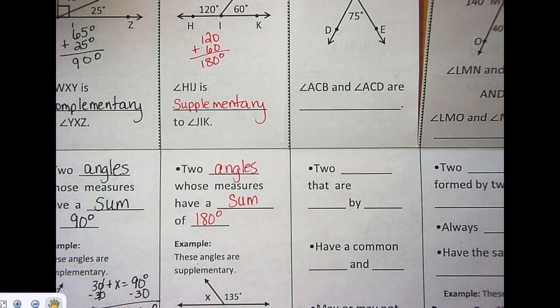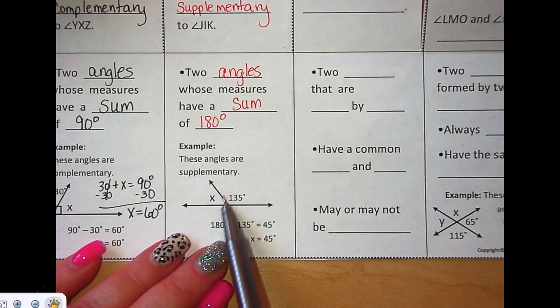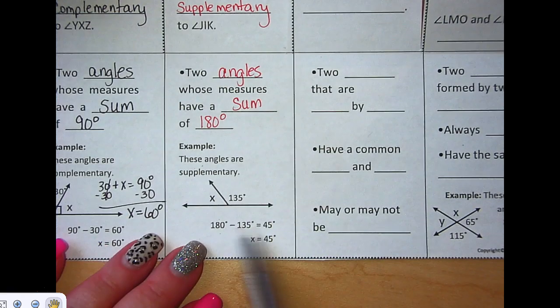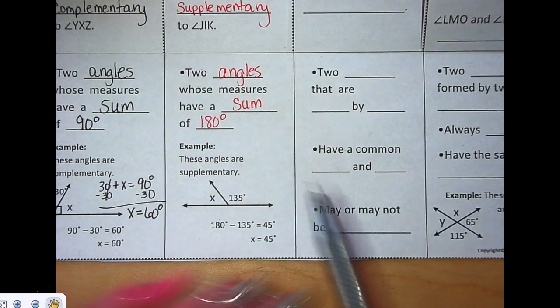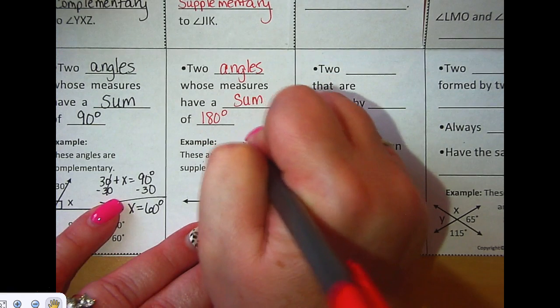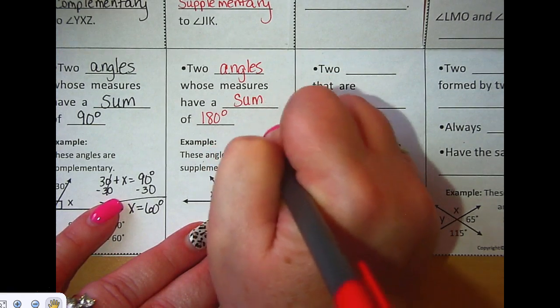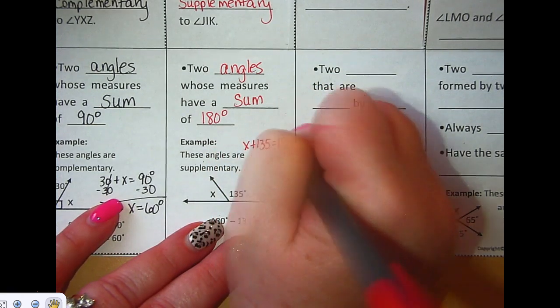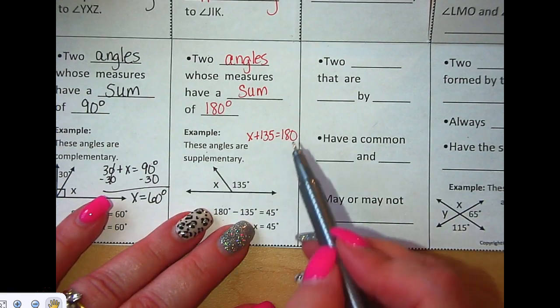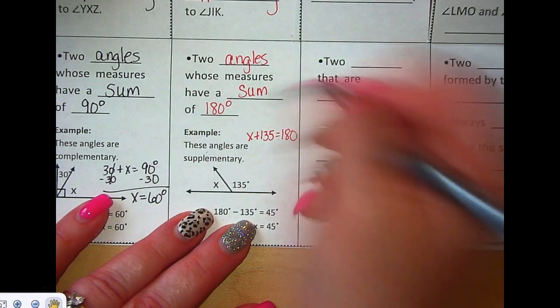So another example is down here. These two are supplementary. We're going to solve that as a one-step equation. Angle X plus 135 has to equal 180, because they're supplementary.